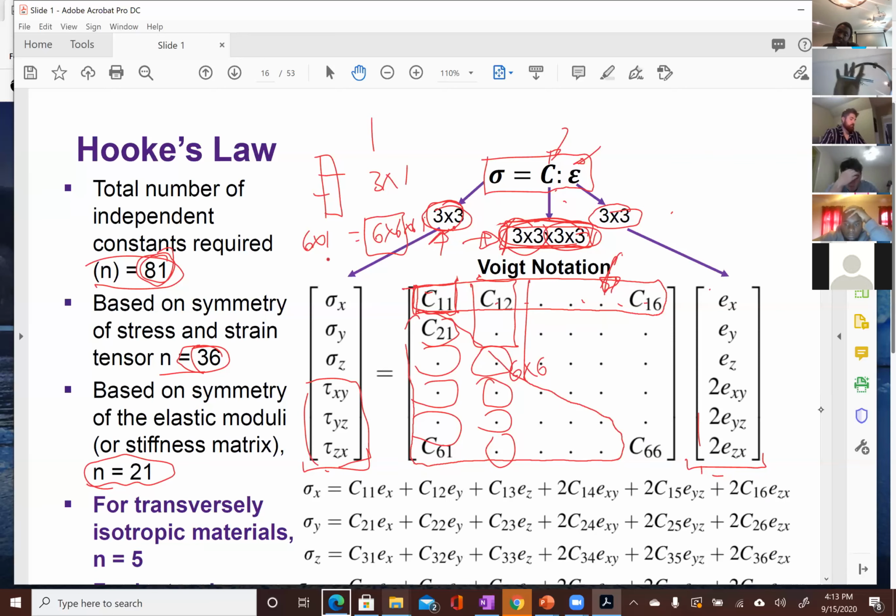But if you now start to make some assumptions regarding the planes of symmetry, like we have talked about for transversely isotropic solids, which is symmetrical about the z-axis, so anywhere you go in the x-y plane, the material is isotropic. Stress in the x direction equals stress in the y, but it's different from overburden stress in the z. When you make that assumption, you go from 21 independent components to just 5.